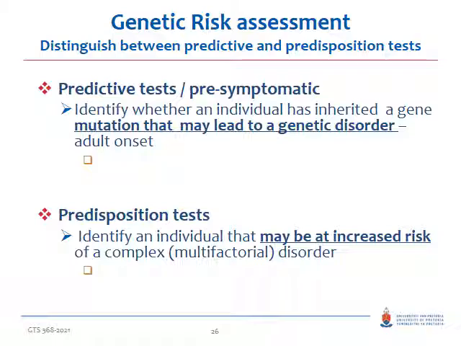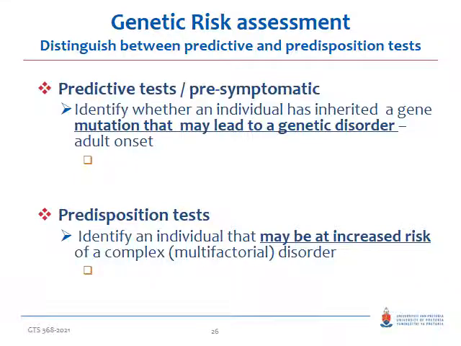In predictive testing, the testing will identify whether an individual has inherited a gene mutation that may lead to a genetic disorder. The individual usually has a parent with the disorder. Huntington's disease and spinocerebellar ataxia are common examples of adult-onset neurodegenerative disorders, and BRCA1 and 2 are common cancer genes.